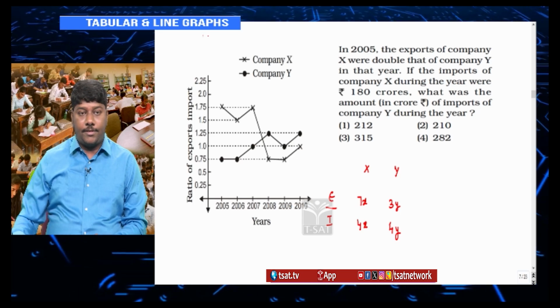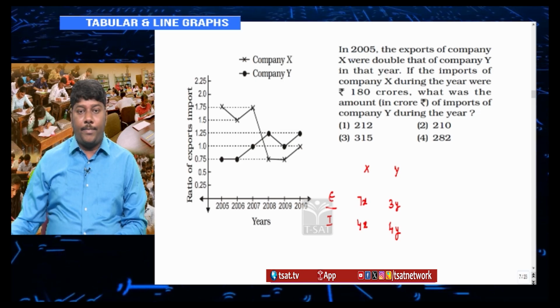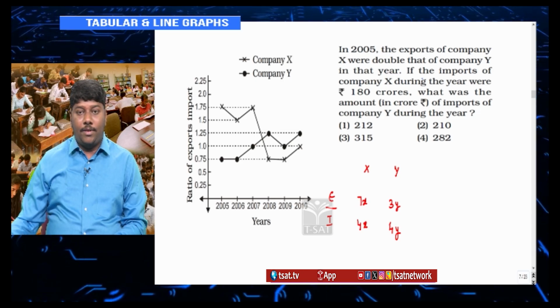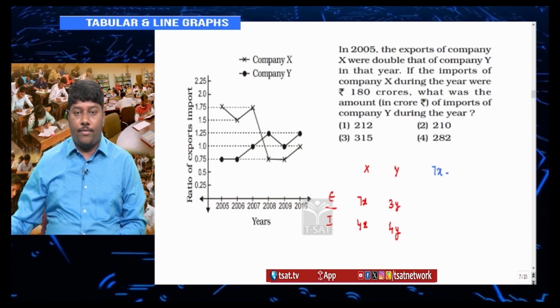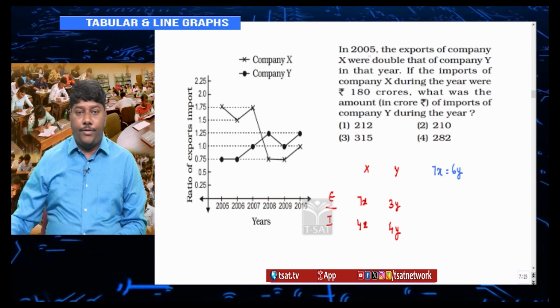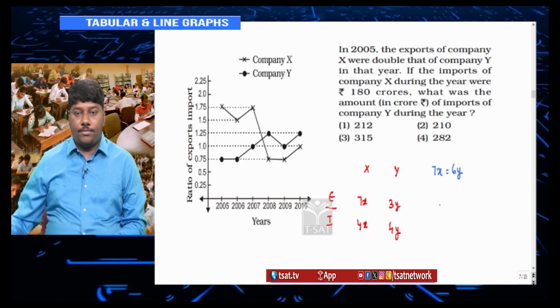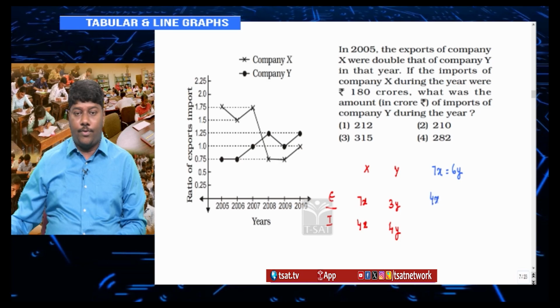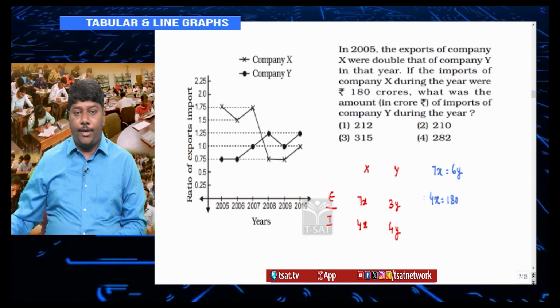And what he says is, in 2005 the exports of company X were double that of Y. So 7x is equal to double of 3y, which is 6y. And he gives you that imports of company X during that year is 180 crores. So he is giving you 4x equals 180 and is asking you the imports of company Y during that year.